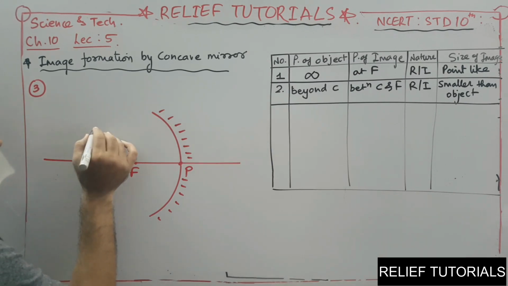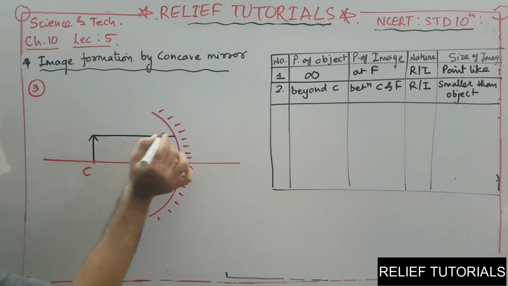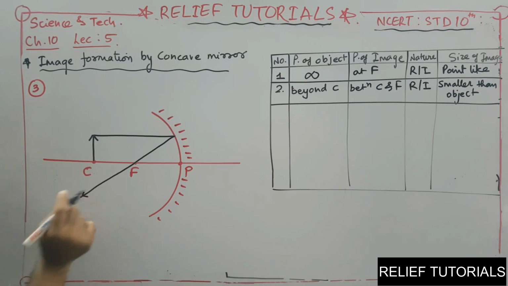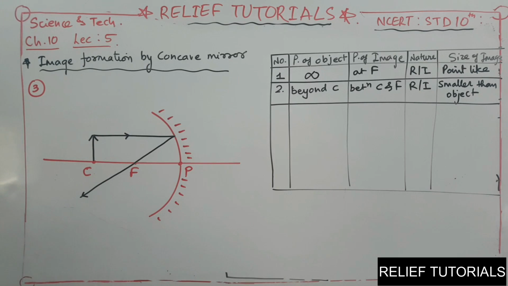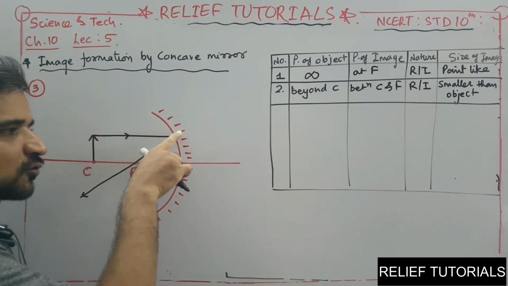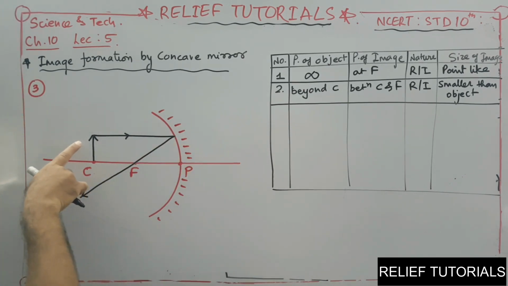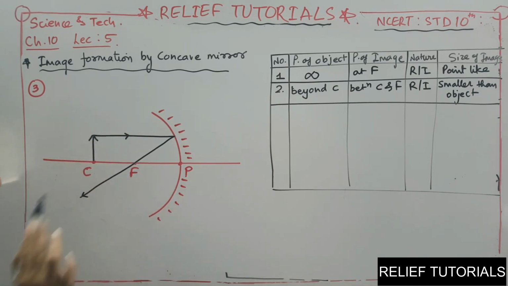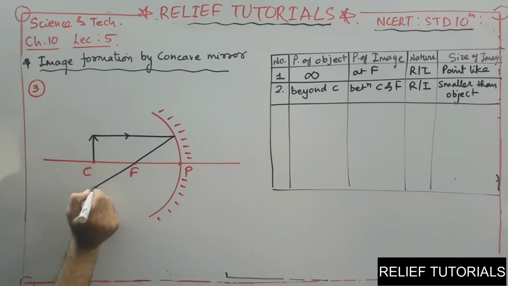Let us insert the first ray parallel to principal axis, reflected from F. So this is the first reflected ray. We have used the rule number 1 that if the incident ray goes parallel to principal axis, it will reflect from F. Now let us use the second rule that if the incident ray goes from F, it will reflect parallel to principal axis.